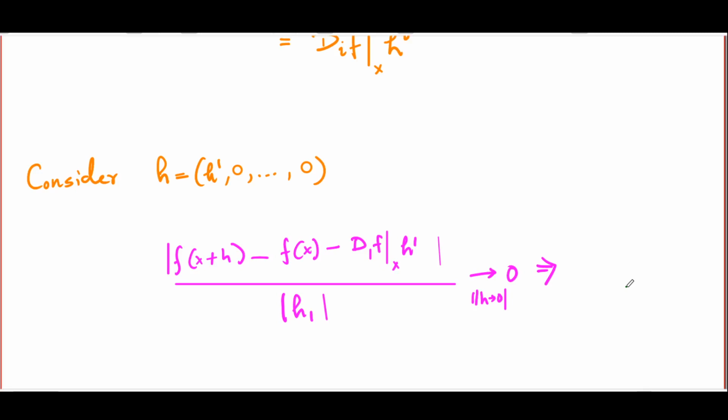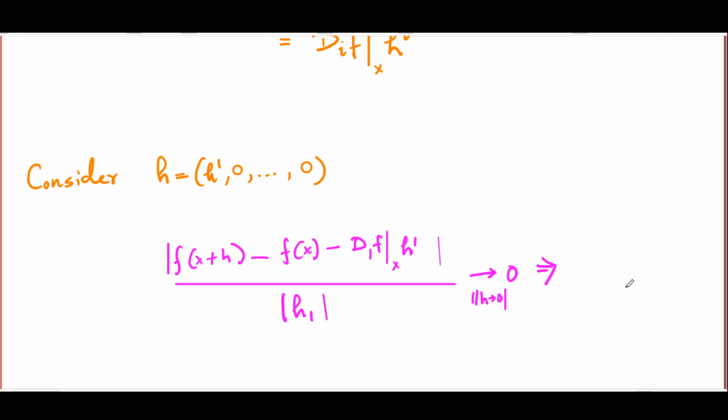So this is the numerator that you have in our definition for differentiability. Of course, what we need to do is take the norm of this quantity. But here, remember, f is a map from Rn to R, so the numerator is really a real number. So the norm here simply becomes the standard magnitude or mod.